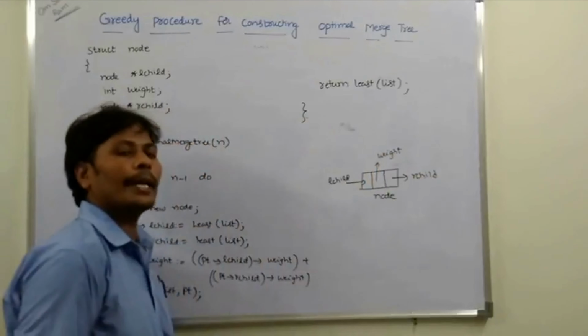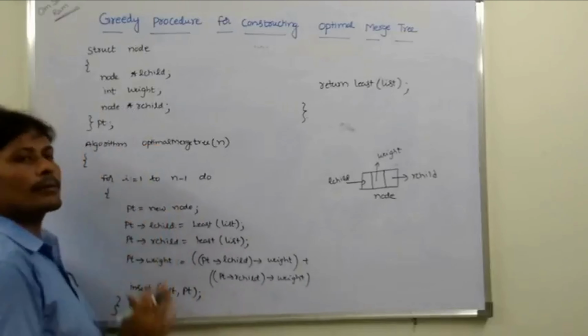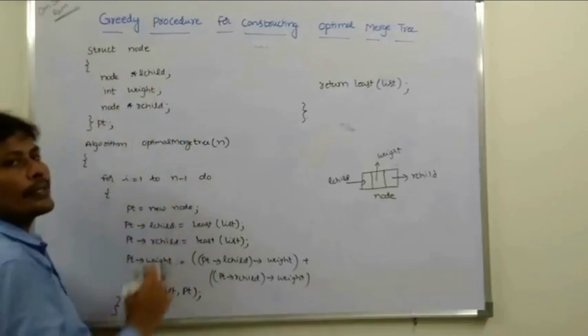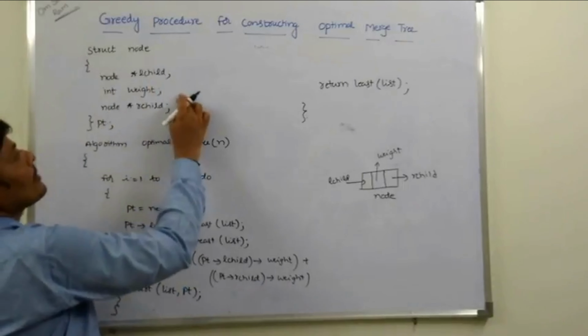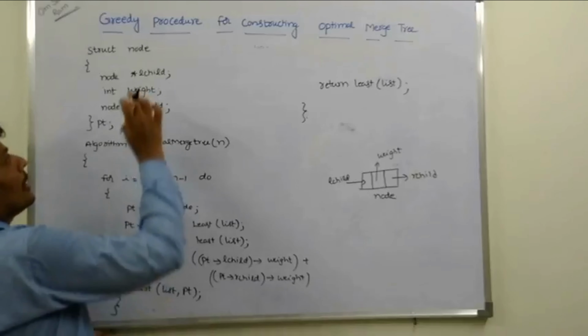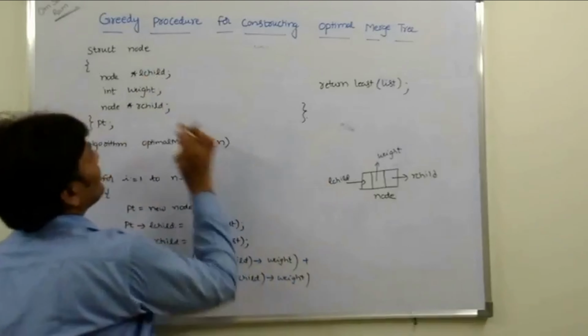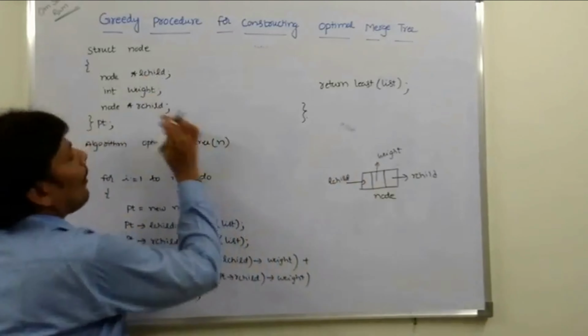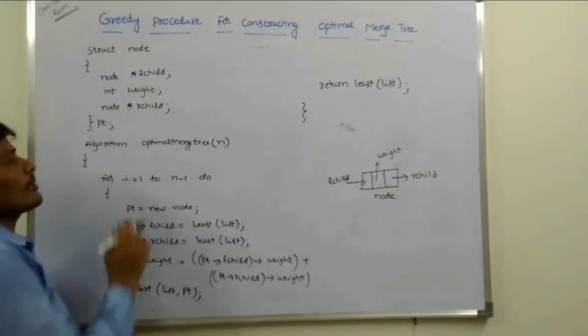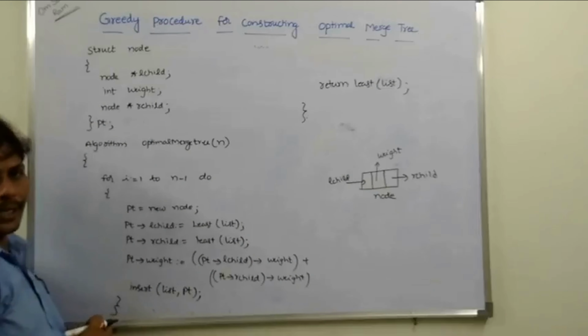To create a node, we are using a structure. The structure name is node. It contains three parts that are the members of the structure: L child, weight, and R child. We are creating a structure variable, that structure variable is PT.